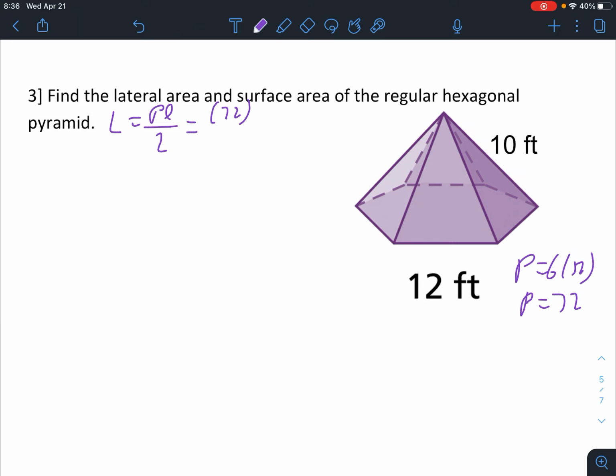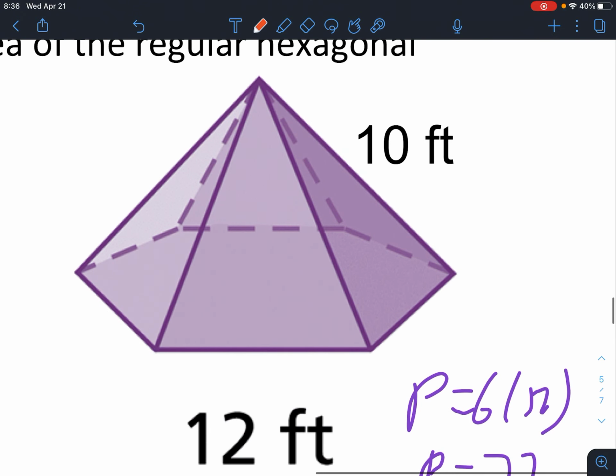But we don't have the slant height. That's the problem. What we're given here is not the slant height. We are given a lateral edge. But we can use that lateral edge to get the slant height by drawing in a right triangle like that. And remember, this whole side is 12, which means when we draw the slant height in, this piece here is 6.